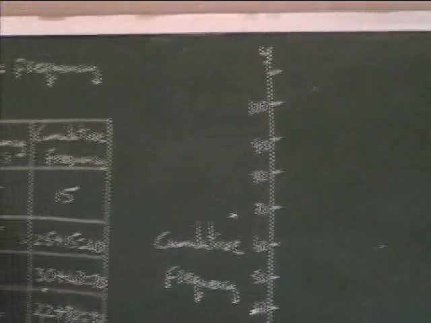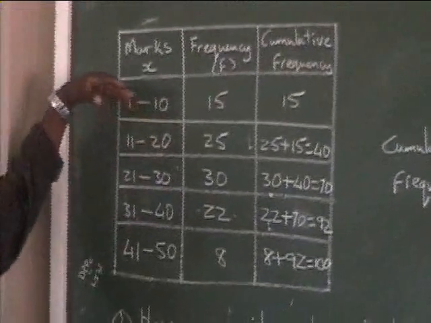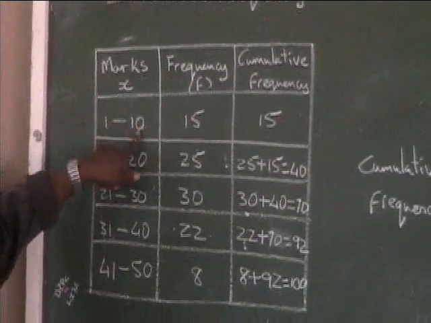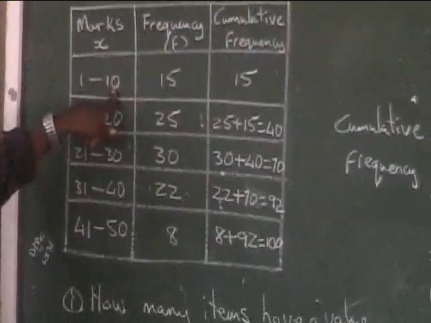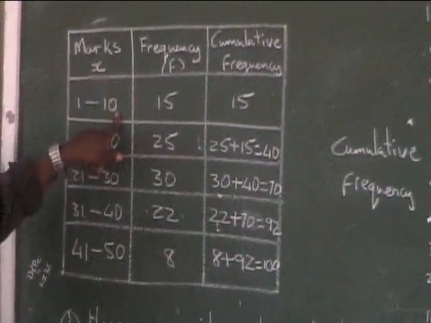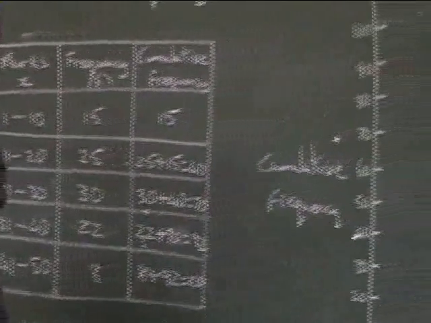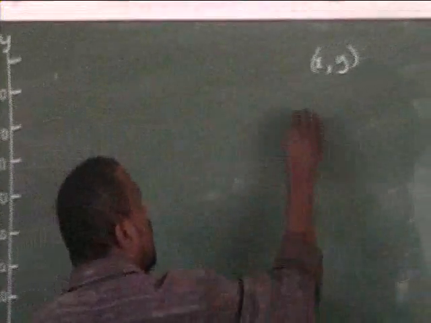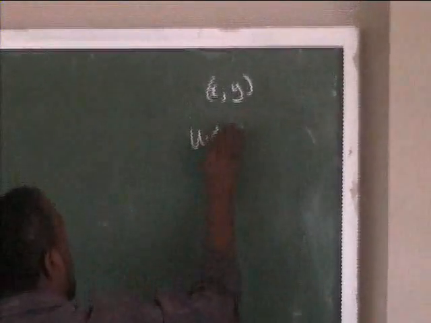Now to plot the cumulative frequency curve, you do it just as you would plot any normal curve. In a normal curve you would have plotted your x values first, followed by your y values. Your x value serves as your mass.